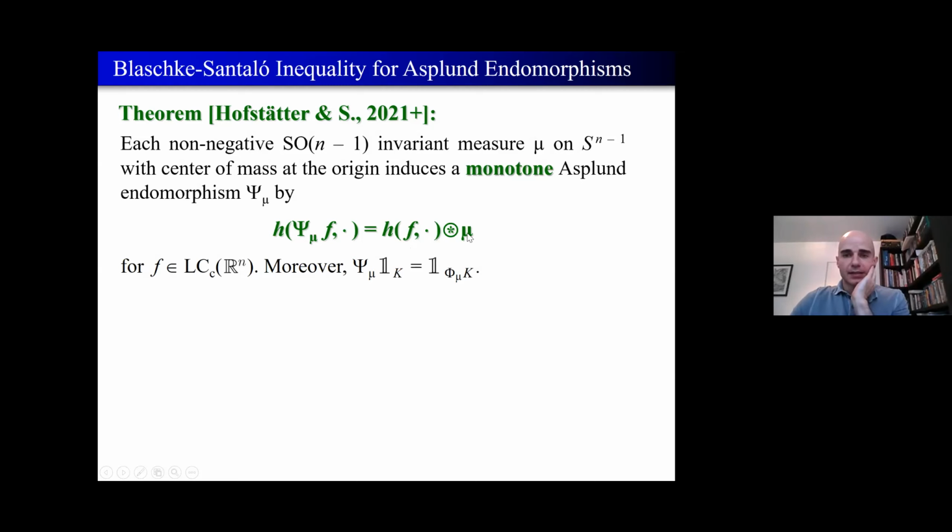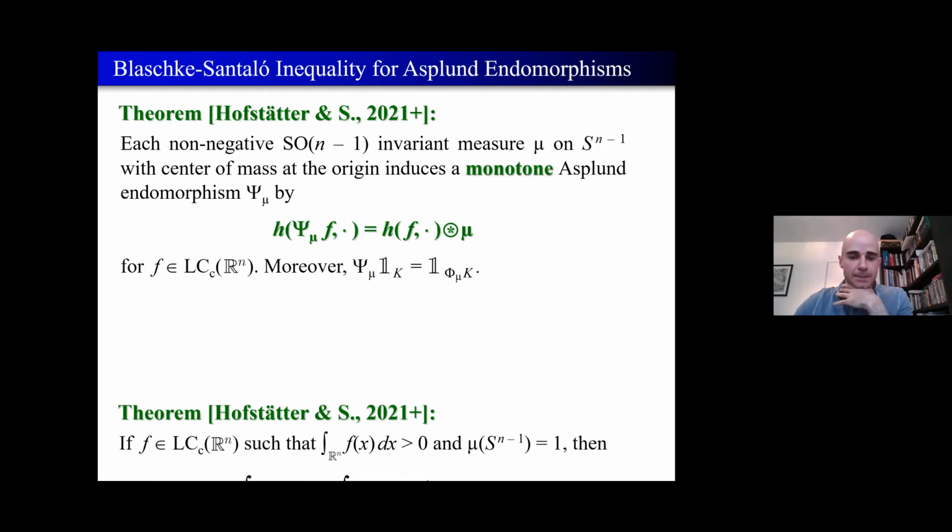And this spherical convolution extension has the property that if you plug in indicators of a convex body, then the Asplund endomorphism applied to the indicator will be the indicator of the corresponding Minkowski endomorphism. So these Asplund endomorphisms, as defined here, are very closely related, and they are a functional extension of the Minkowski endomorphisms that we considered before.